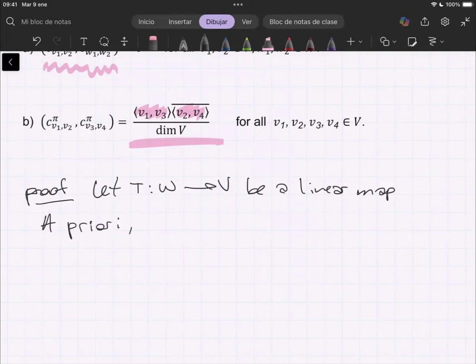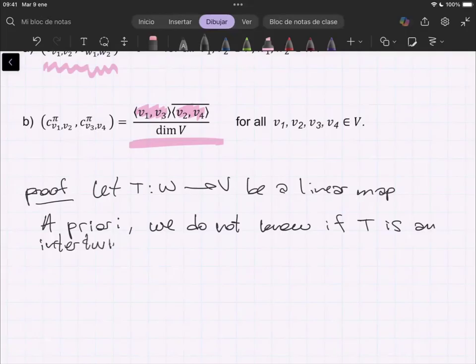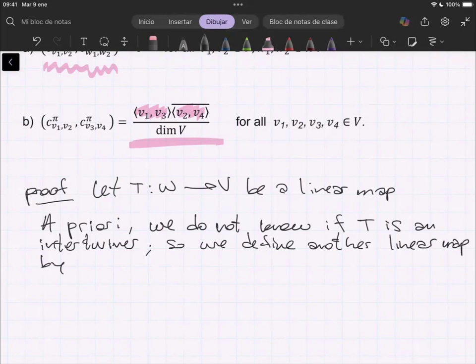A priori, we do not know if T is an intertwiner. So we define another linear map by taking the average, a kind of average, by taking the sum.